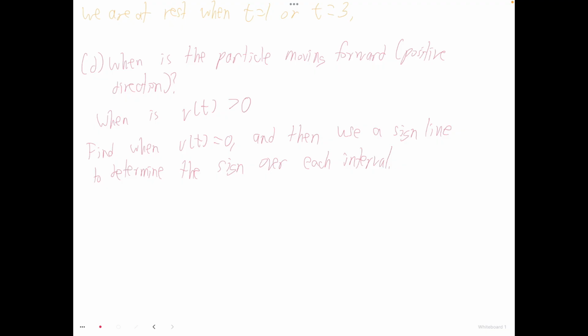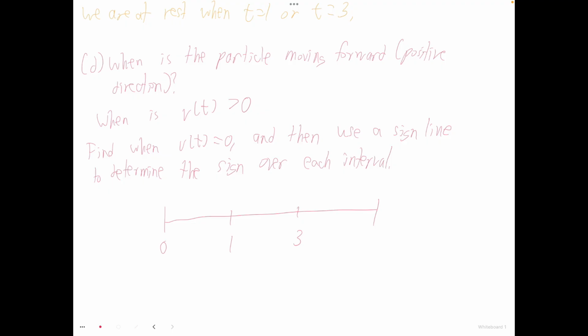And so what a sign line is, we set up an interval in which we list the points that we care about, which are the points where we are 0. And so we are 0 at 1 and 3. That's what we found in part C. And now on the whole interval from 0 to 1, the sign has to be either positive or negative, because we're 0 at 1. And then from 1 to 3, the sign has to be either positive or negative.